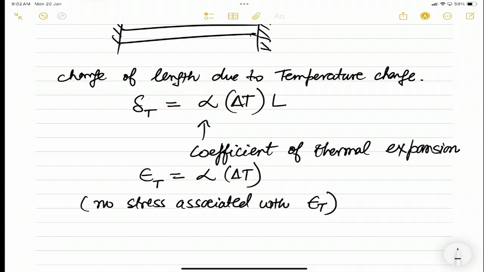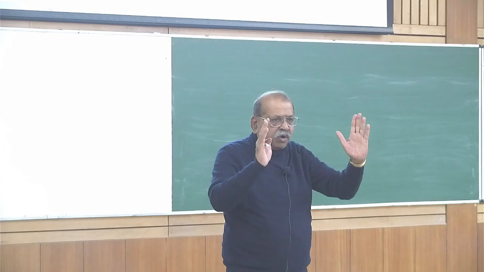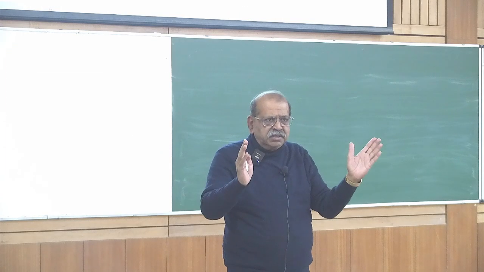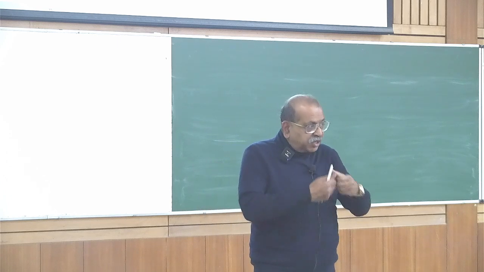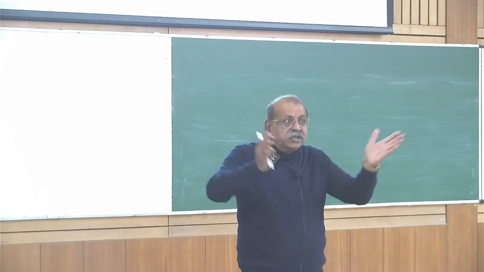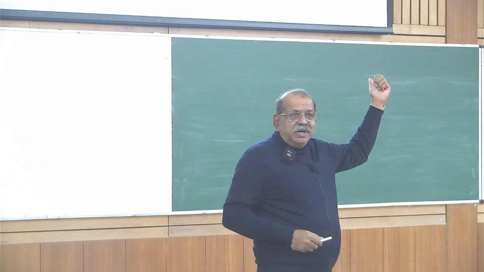But in this case, suppose here I have this geometry. Initially, let's assume that it is just a snugly fit rod, so there are no stresses. But if I heat it up, then what will happen? Its length will increase, but the length is not allowed to increase because of this constraint. So therefore, stresses will come in.